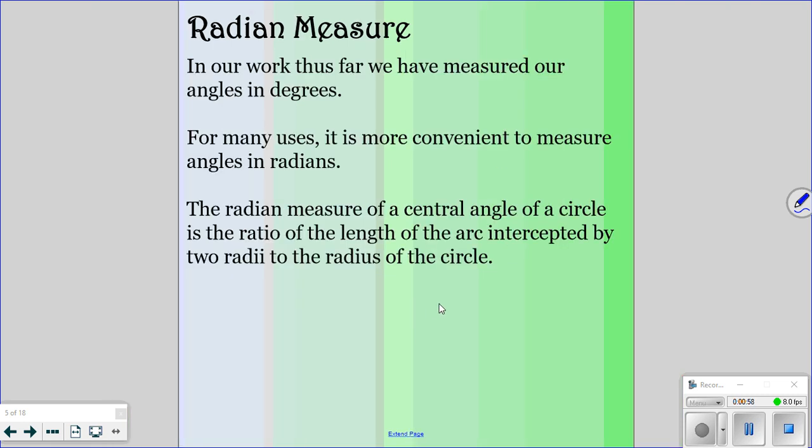So if you draw a picture here, if these are both r and this length here of this arc is also r, this angle here is said to be 1 radian. So that's what a radian is by definition.